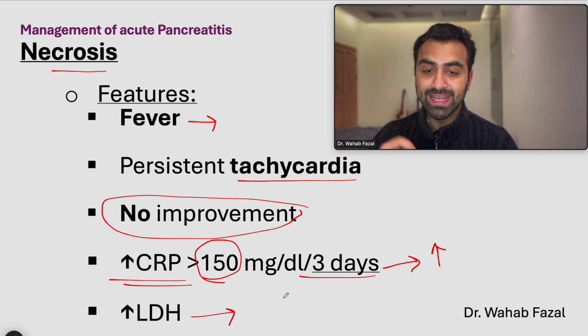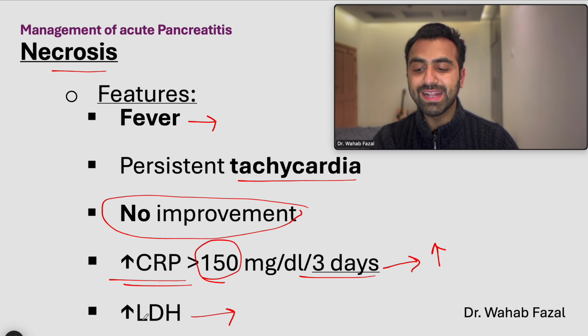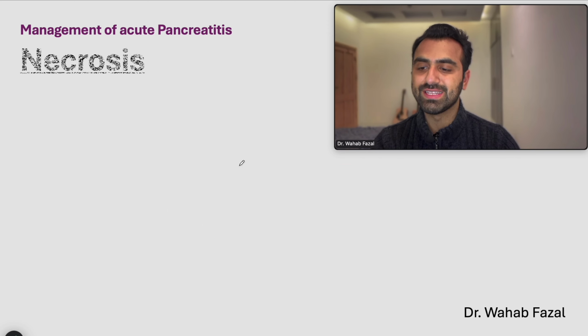Similarly, when necrosis happens in the heart, LDH gets released. Similar to that, when necrosis happens anywhere in your body, LDH levels get high in your blood. So it's important that if CRP and LDH levels are increasing, you're getting persistent fever, persistent tachycardia, and the patient is not improving clinically, you might want to start suspecting necrosis in this patient.